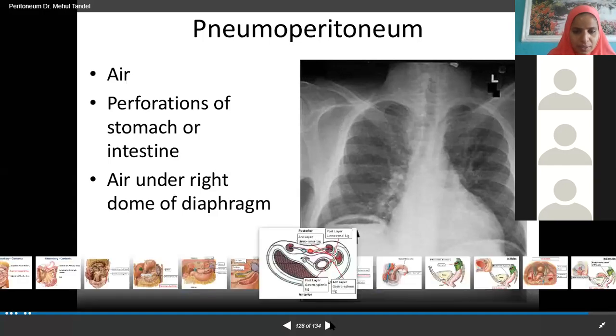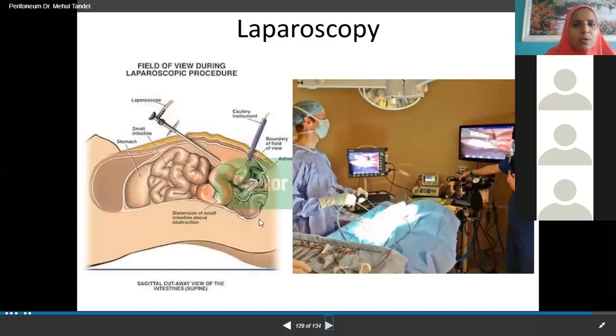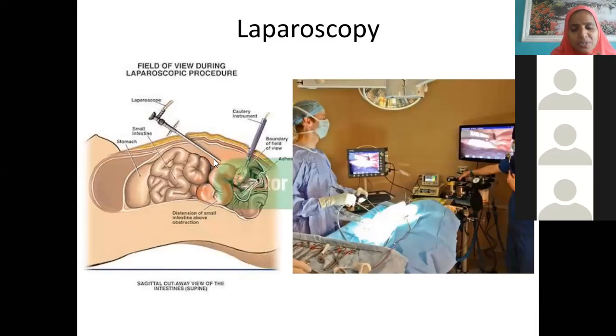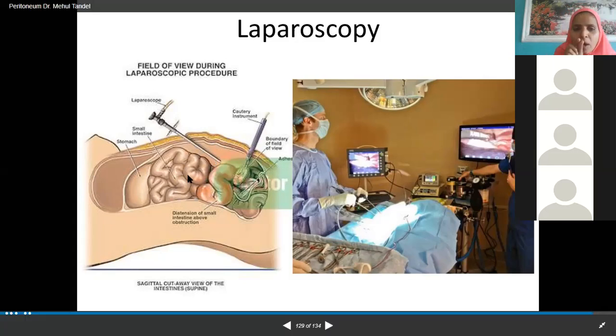You are seeing. Laparoscopy is a specific procedure where we are inserting the laparoscopic tube. Previously, we used to appreciate surgeons for a large incision: so great, such a big incision, the surgeon has done a very big surgery. But nowadays the mentality is a small hole.